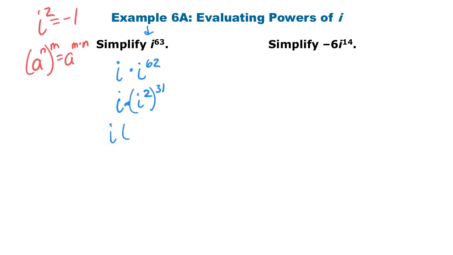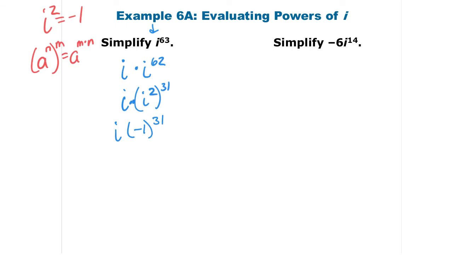And I keep rewriting this. I know that i squared is -1 to the 31st power. Now if I take -1 times itself 31 times, it's still going to be -1. And so this would all simplify to i times -1, which would be -i.